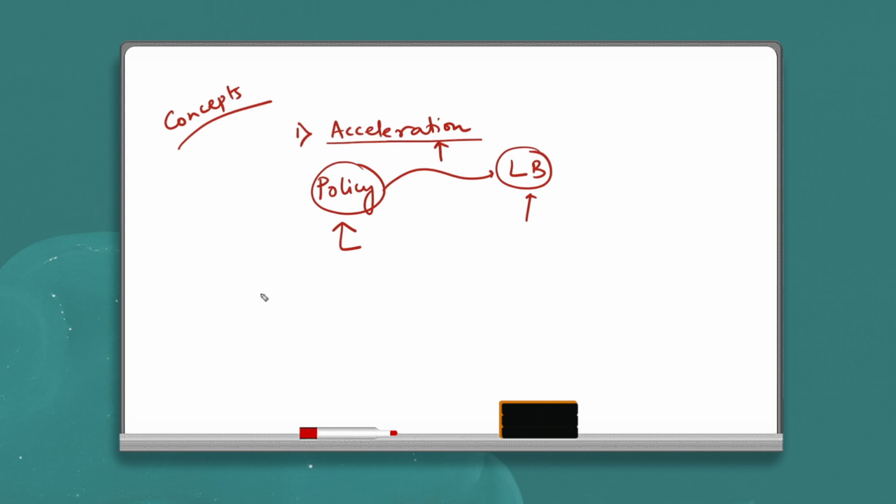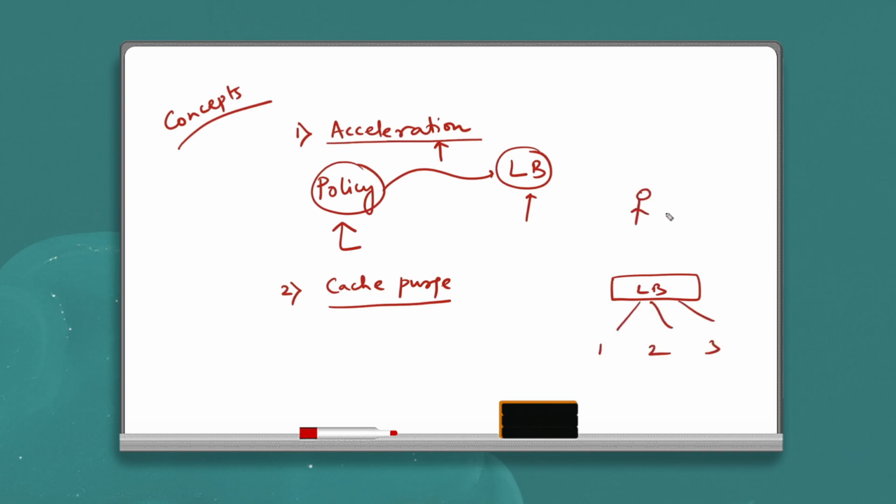We talked about caching. What's the benefit of caching, from the previous whiteboarding? It reduces latency and it also reduces the load on the backend servers. Now there is a concept of cache purge. What is this option? Let's say this is a load balancer and there are backend instances 1, 2, 3, and this is an application user.